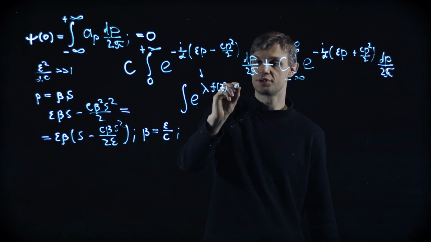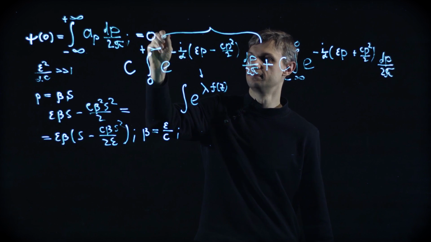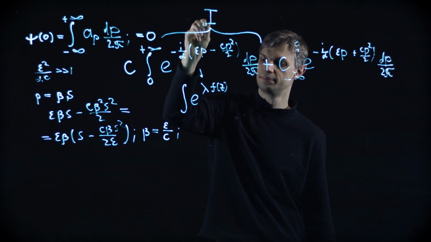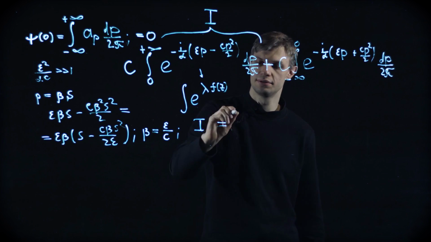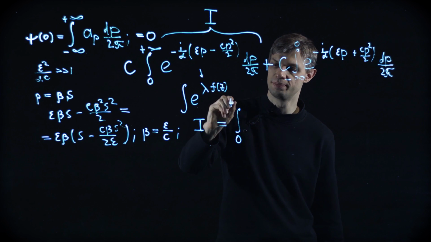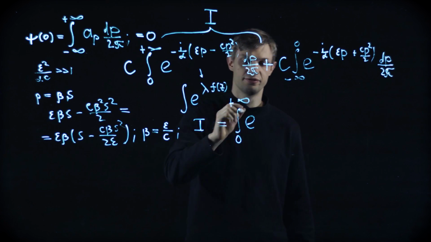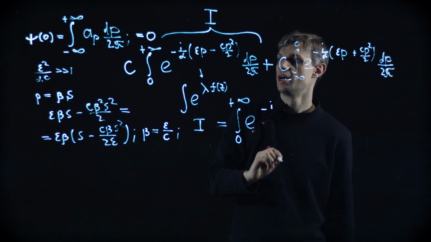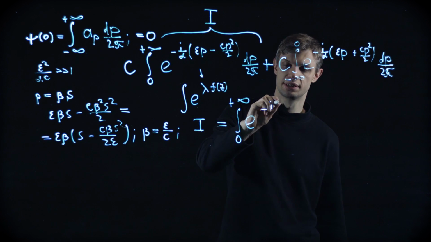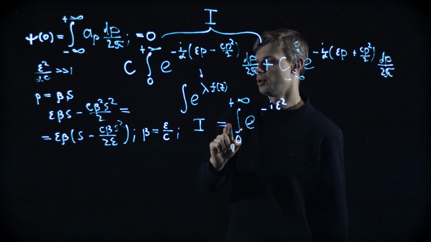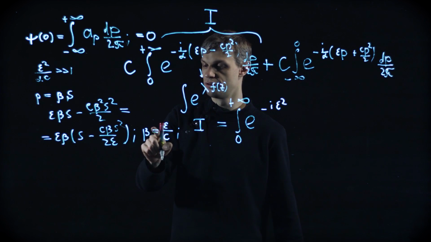Let's consider the first integral, this one. Our integral now is equal to the integral from 0 to plus infinity, and now it assumes this classical Laplace type form. I epsilon squared, because one epsilon comes from this factor and another one from beta.